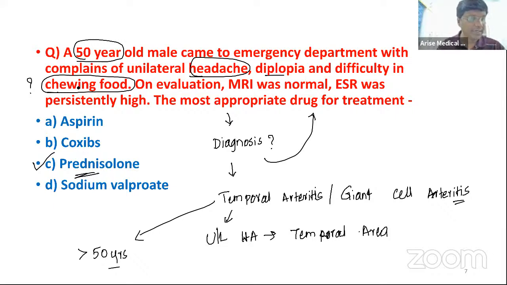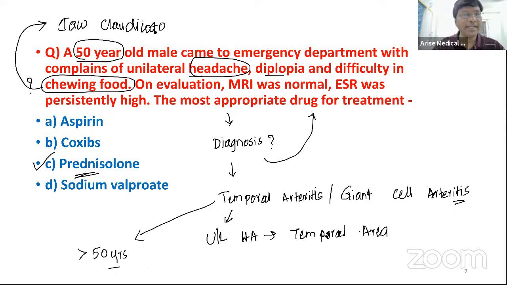Very good, Balaraman. So this patient has difficulty in chewing the food because of jaw claudication, right? Okay, and why is this particular jaw claudication? If you take your temporal artery, it also supplies the muscles of mastication.